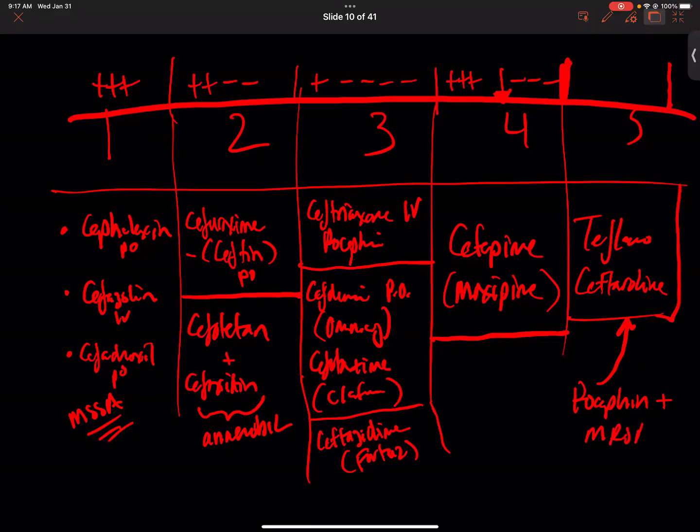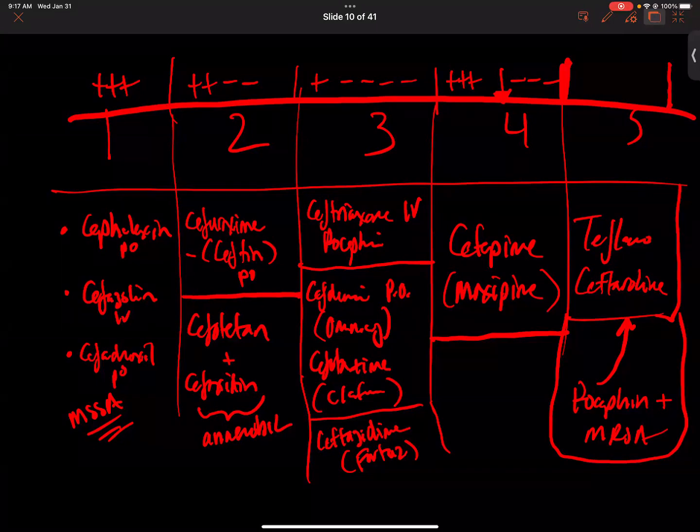All right, so ceftaroline will give you a coverage equivalent to Rocephin plus MRSA. Okay. All right. And what's remarkable about ceftaroline, it is the only cephalosporin right now that is approved by FDA to cover MRSA. I'm just going to stop there for a second.